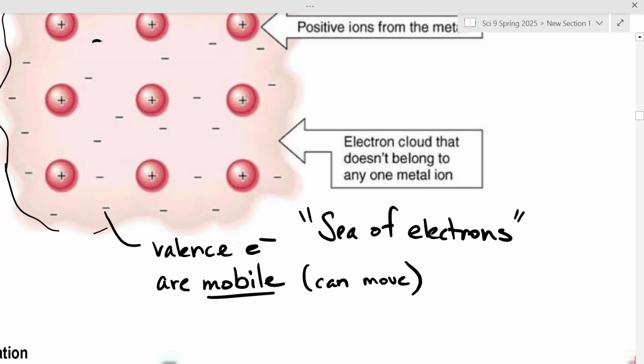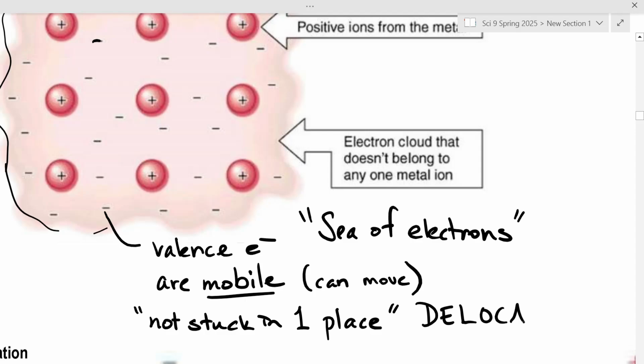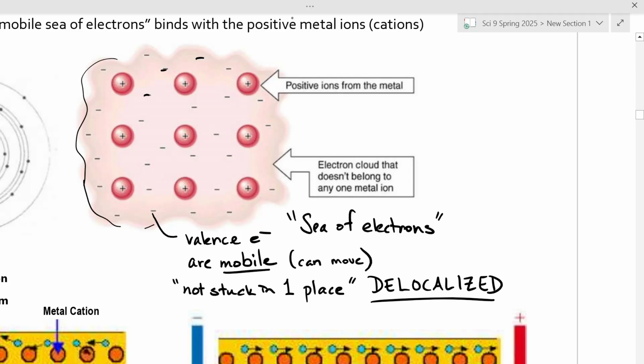And there is a word for not stuck in one place. Delocalized, yes. So the word for not stuck in one place is delocalized. So we have our sea of electrons, which is made of mobile valence electrons, which are delocalized.